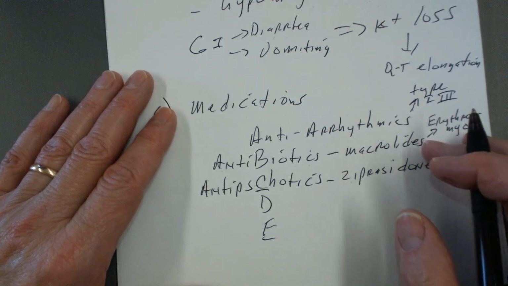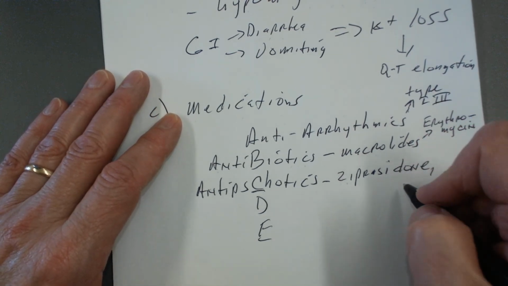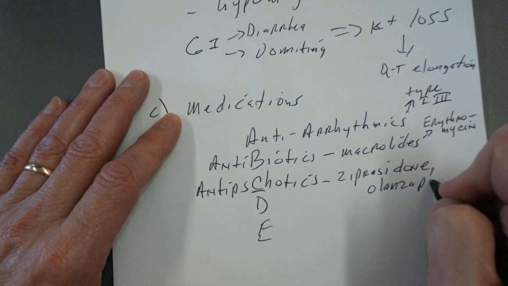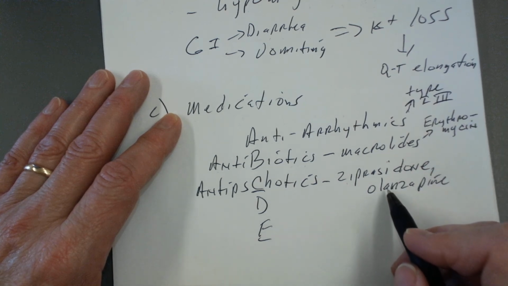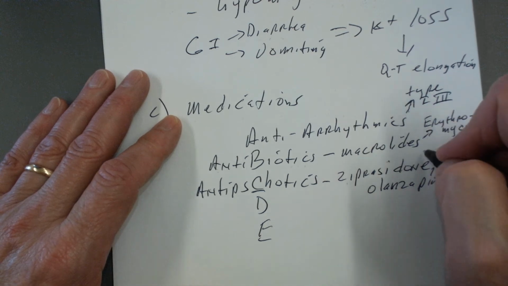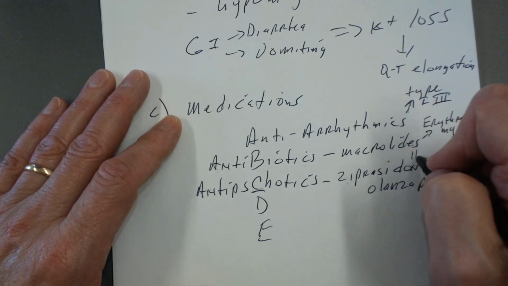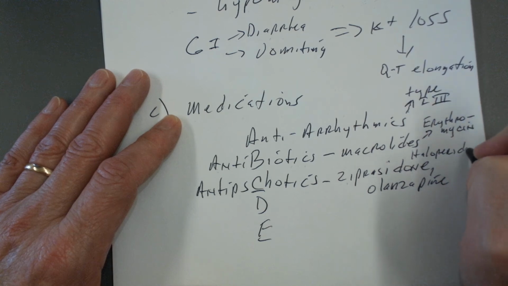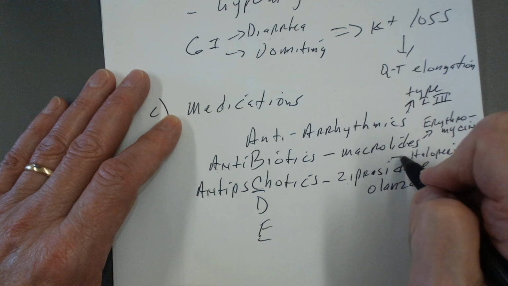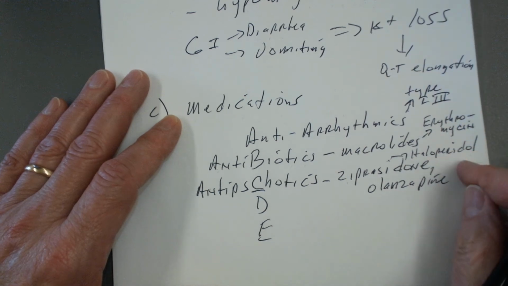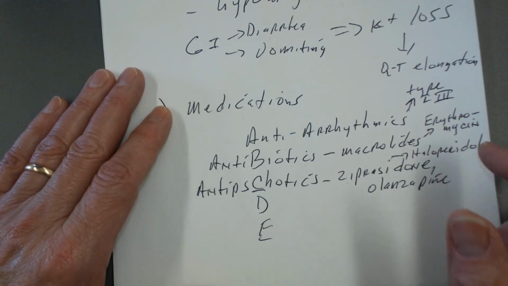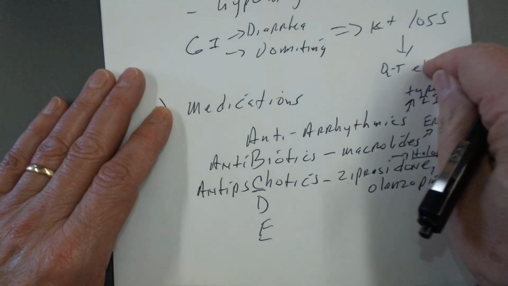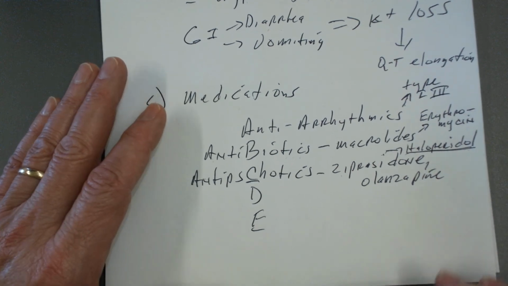That goes by the trade name, I believe, of Geodon. And then olanzapine. Olanzapine's a weak one. And then haloperidol. That gets used a lot in psych wards to put people out. So if you work in a psych ward and a patient's been given that, you want to watch EKG.